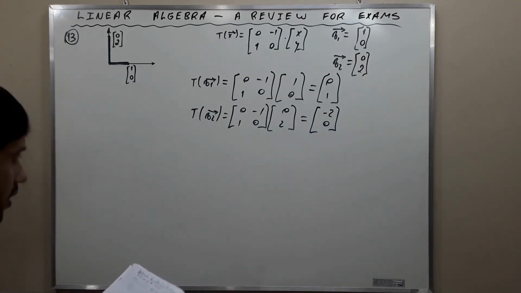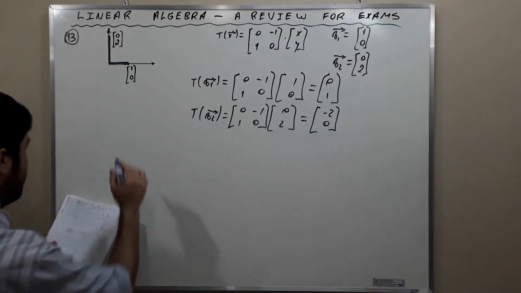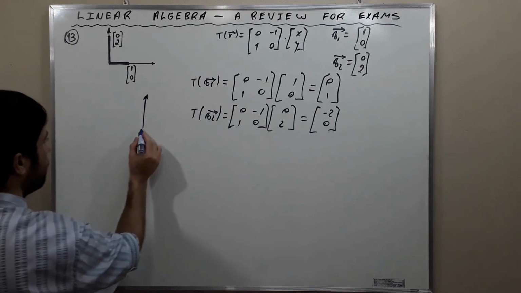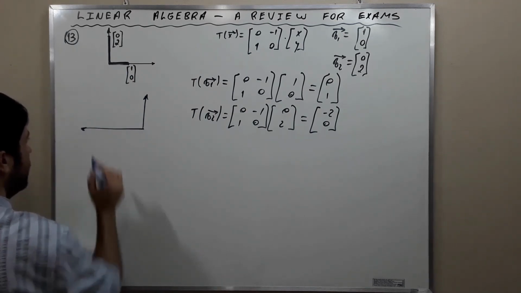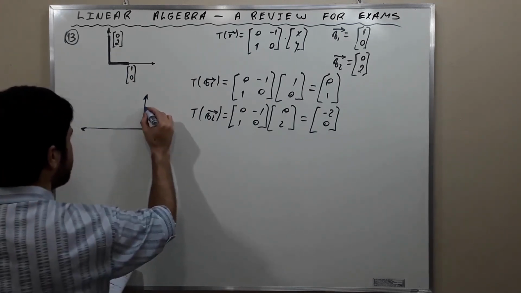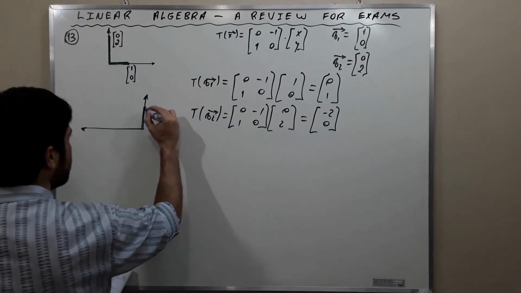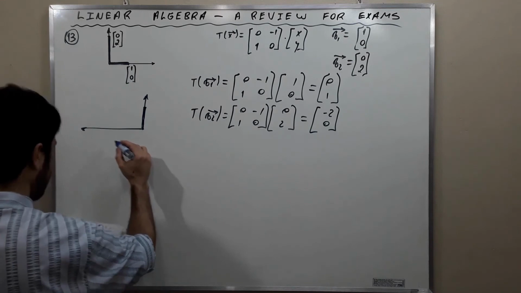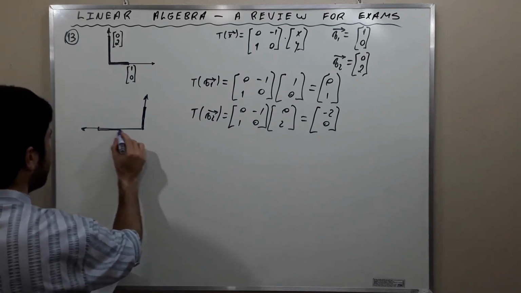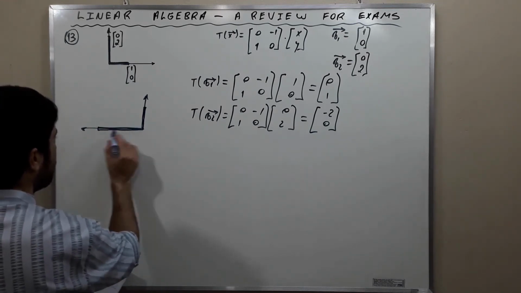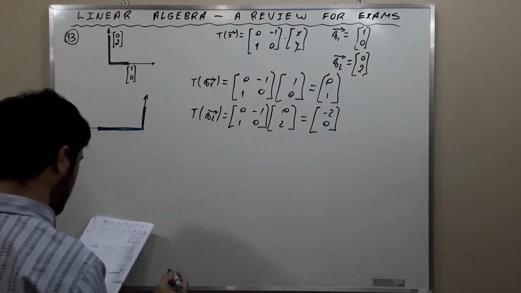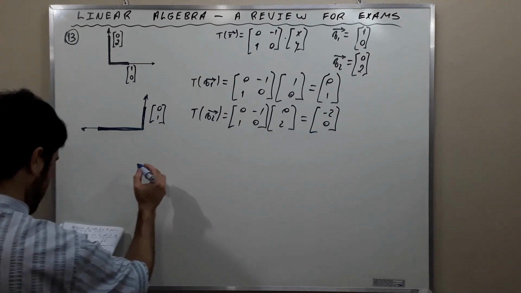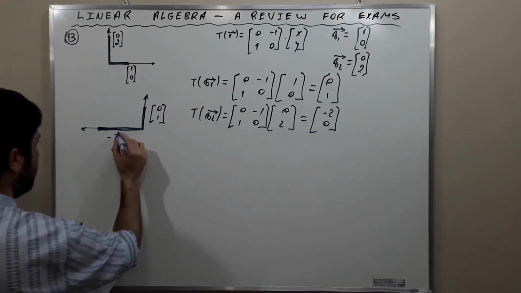It means that they are going to be in this position here. All right, here is (0, 1), and here is (-2, 0).